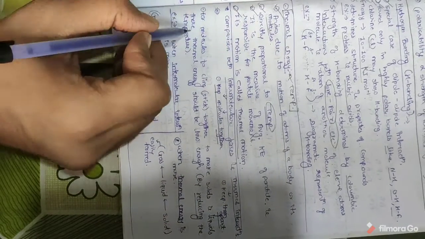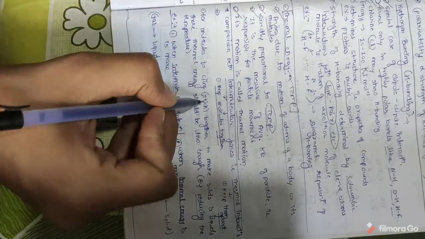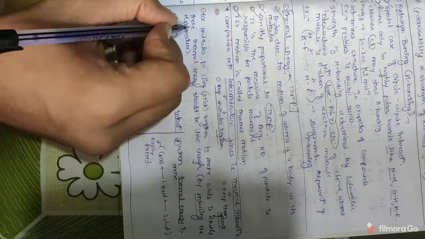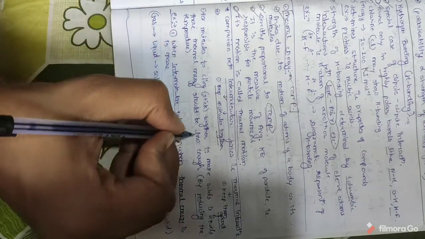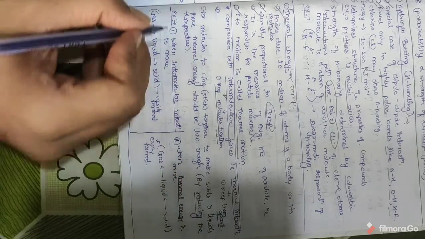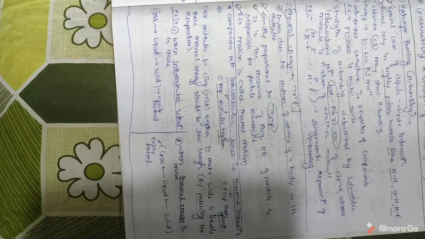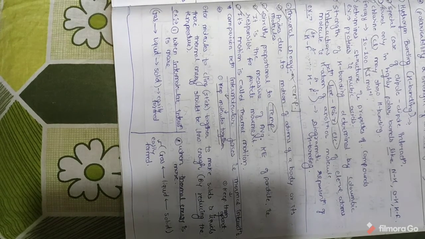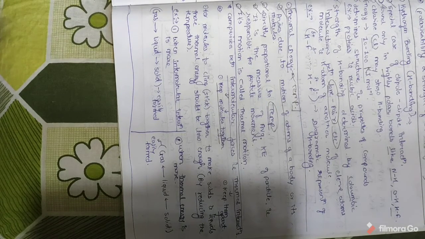Now, for molecules to cling, that means to stick together to make solids and liquids, their thermal energy should be low enough by reducing the temperature. That means if we want to stick two molecules together, we have to reduce their thermal energy. And how can we do that? By reducing the temperature.